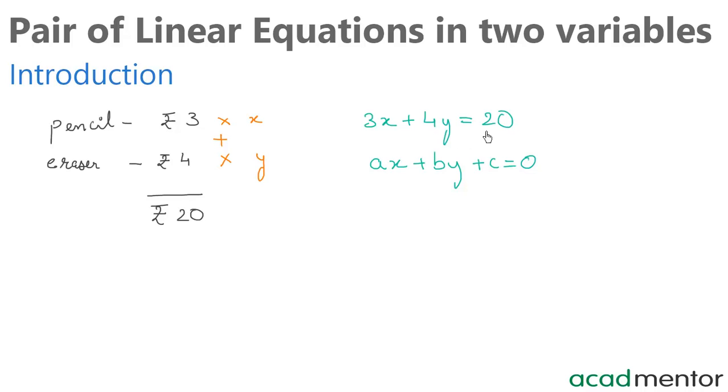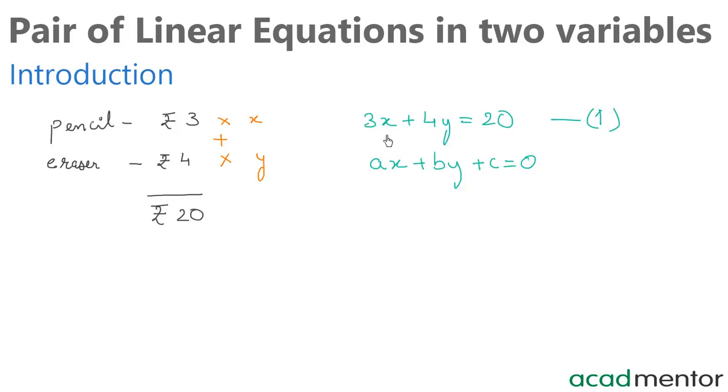Now here we have represented a situation in the form of a linear equation in two variables. It says that you bought x number of pencils for 3 rupees each and y number of erasers for 4 rupees each, and the total sum that you paid was rupees 20. We also saw that this linear equation in two variables will have an infinite number of solutions.